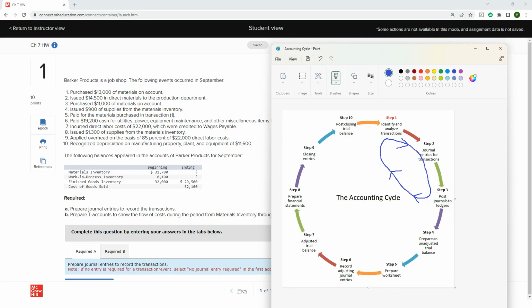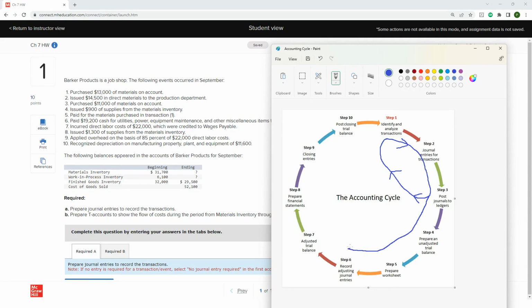Now at the end of your period, you're going to prepare an unadjusted trial balance, which is where you have all of your T accounts and all of your journal entries, and all the debits and the credits should balance. Then you're going to prepare a worksheet, record your adjusting journal entries.